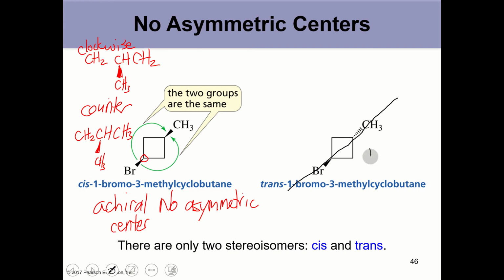So there is an internal mirror plane, and as we learned in lab, when we have an internal mirror plane, the molecule has a superimposable mirror image and is achiral, does not have an asymmetric center.